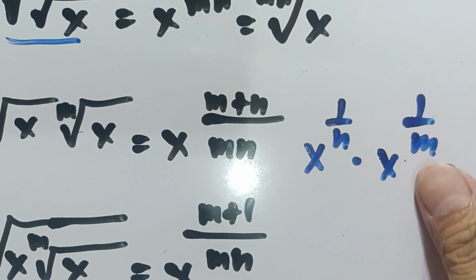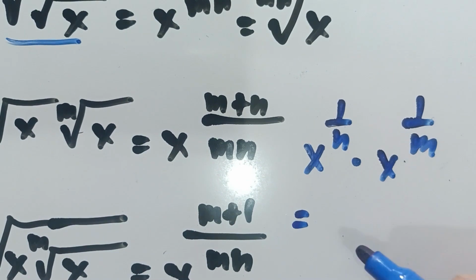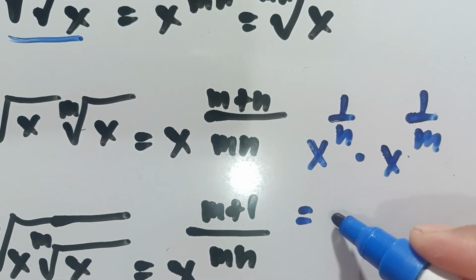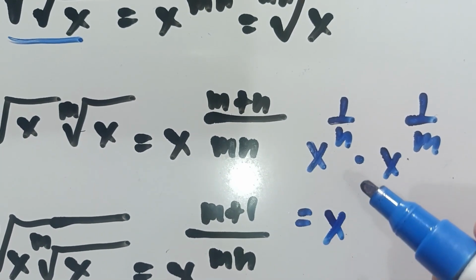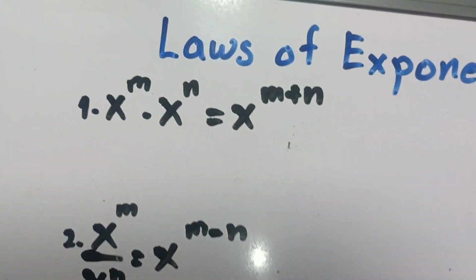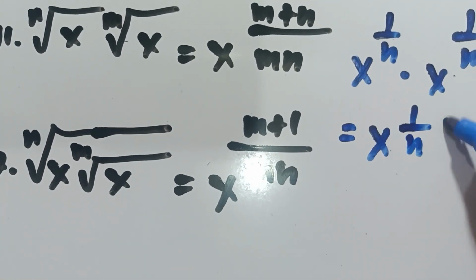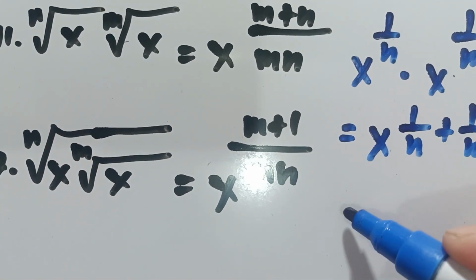By law of exponents number 1, we add the powers: 1 over n plus 1 over m.